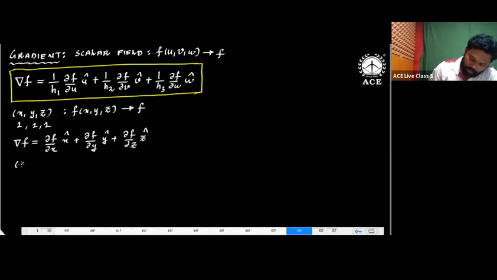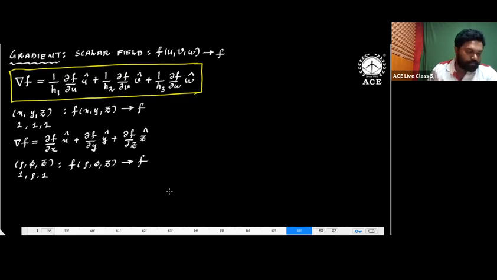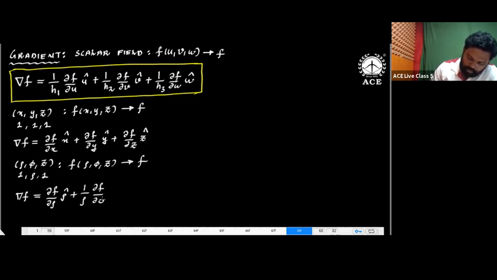What happens for the cylindrical, rho comma phi comma z? Scaling factors are 1 comma rho comma 1. So here the scalar is f of rho comma phi comma z. Gradient of f is dou f by dou rho, rho cap, plus 1 by rho into dou f by dou phi, phi cap, plus dou f by dou z, z cap.